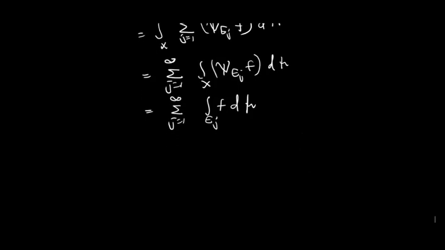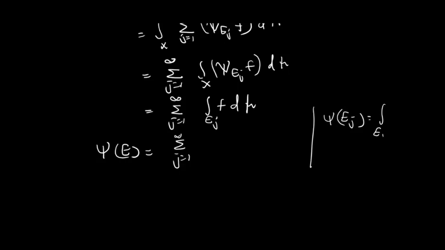So what we have proved is that psi of E equals the summation, j from 1 to infinity, of the integral over Ej of f d mu. What is psi of Ej? By definition this is equal to the integral over Ej of f d mu.